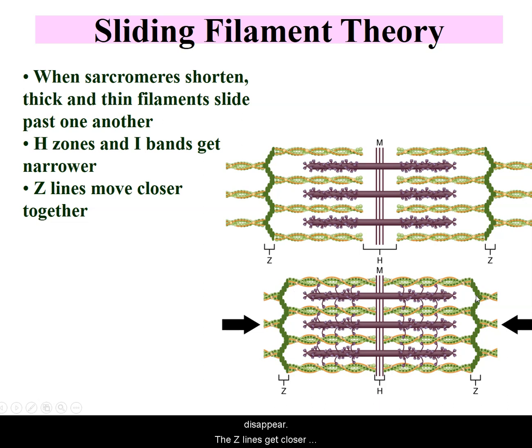The Z lines get closer together, so the sarcomeres shorten. These slide past one another to make a more narrow H zone, and the sarcomere shortens, so the Z lines or Z discs become closer together.